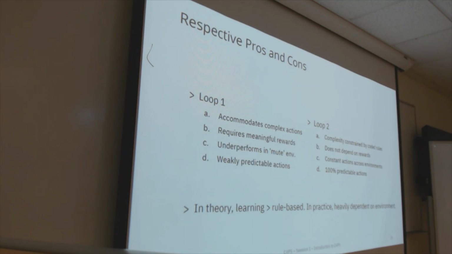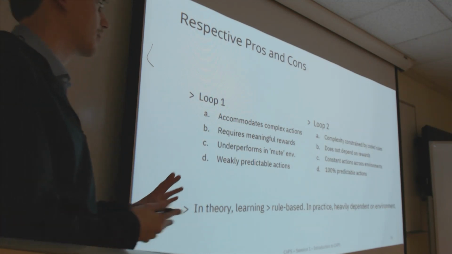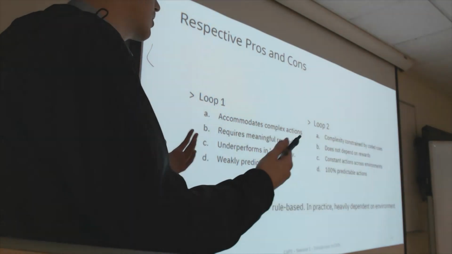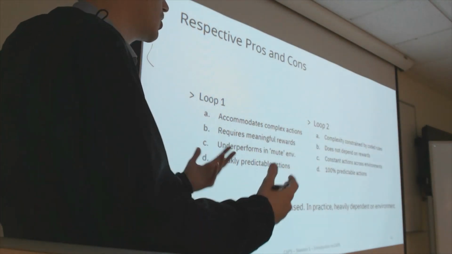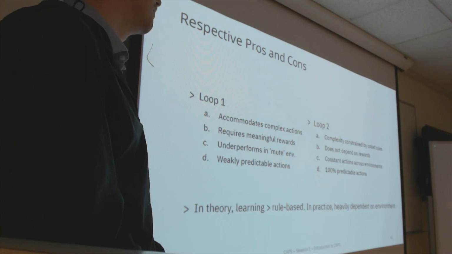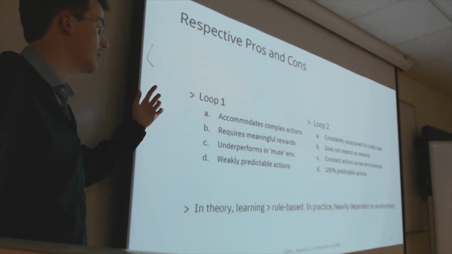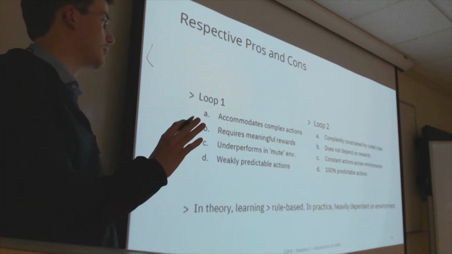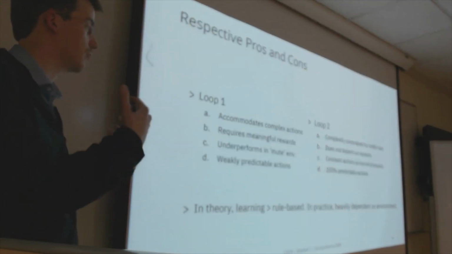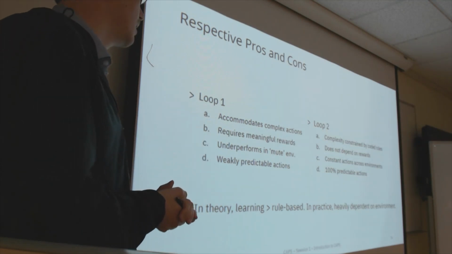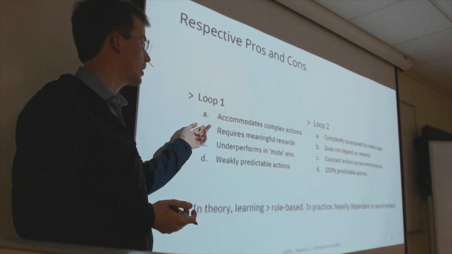Cool. So the respective pros and cons, I think this is super important. Something that's worth doing research on in general is what are actually the differences between a learning agent and a rule-based agent. So here you can perform a lot more nuanced and complex actions if you're able to incorporate all the information from the environment into your decision making. It's very hard, as this requires meaningful rewards.